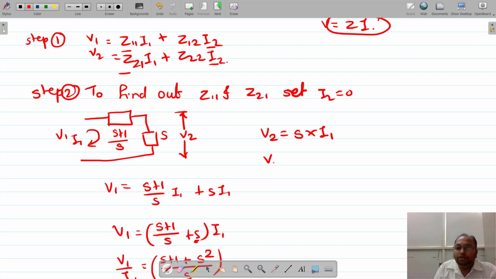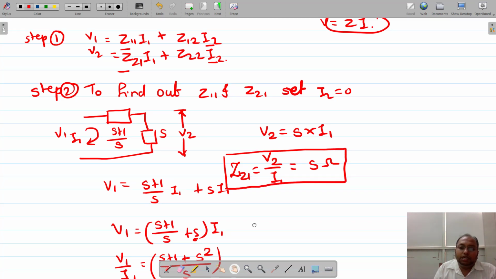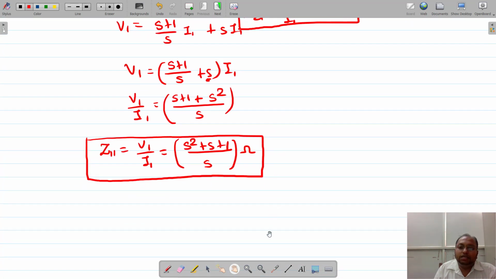Therefore, V2 divided by I1 is equal to S, and this is nothing but my Z21. Are you getting it? So this is our Z21. Is that fine? Good.